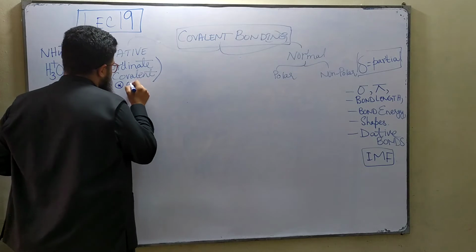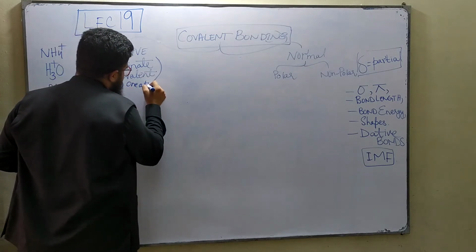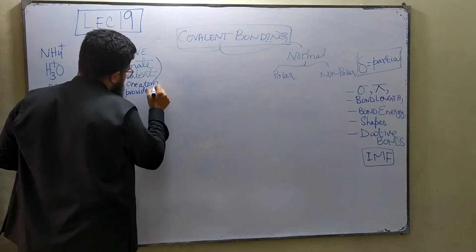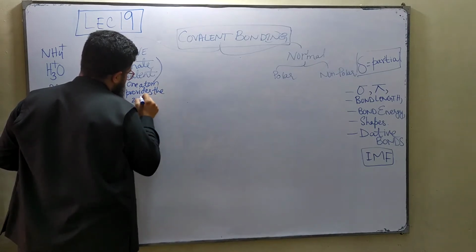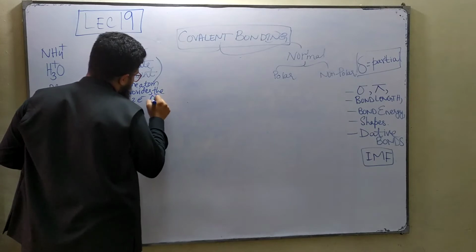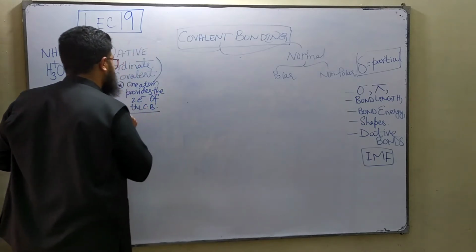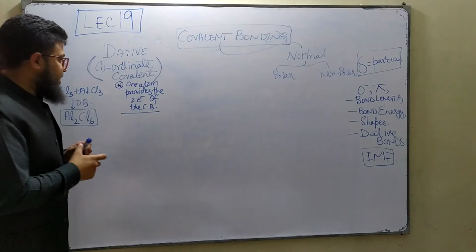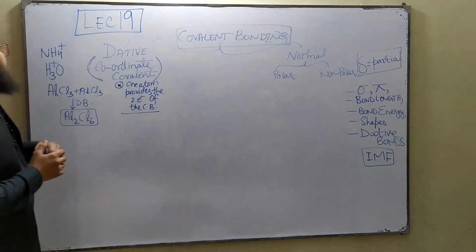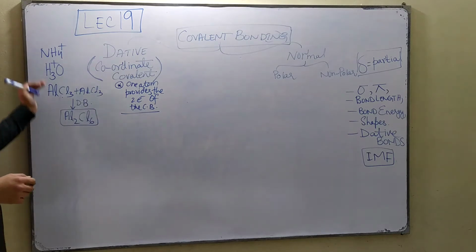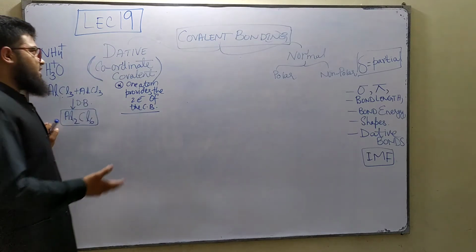Okay, so one atom provides the two electrons of the covalent bond. Such type of covalent bonding is known as dative bonding, and classical examples are ammonium, water, and Al2Cl6. These are three examples given in our syllabus, and let's look at them.